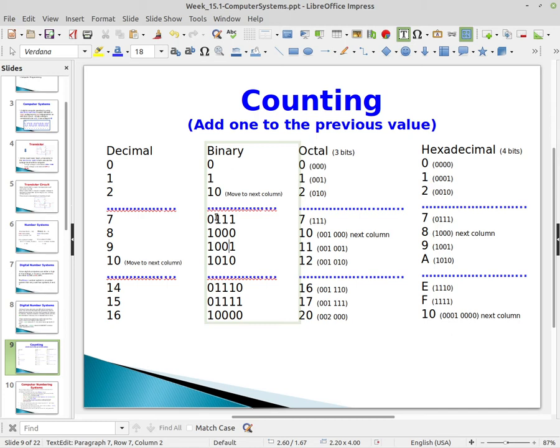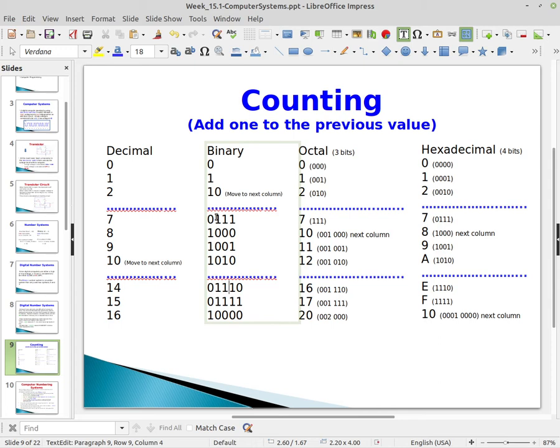And then when we went to 10, we would have 1 here in this column, plus 1 would give us a placeholder of 0 in the 1's column, and add a 2. So here we have the 8's. We have 1 eight plus 1 two, which of course is 10.